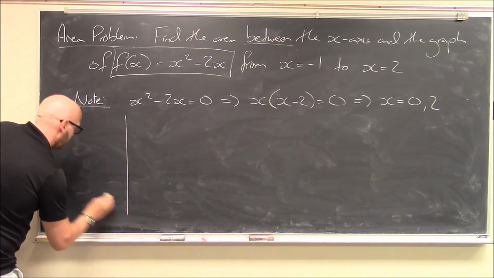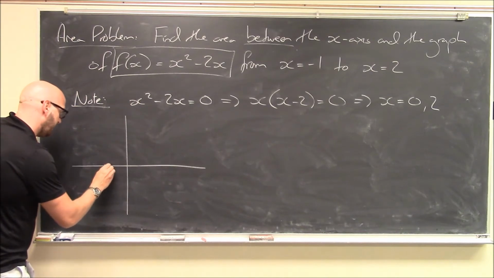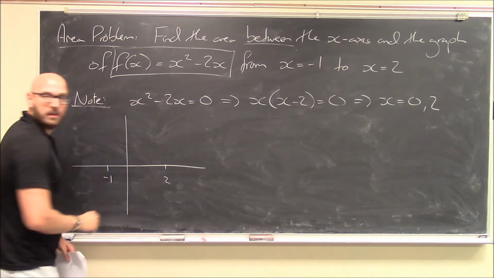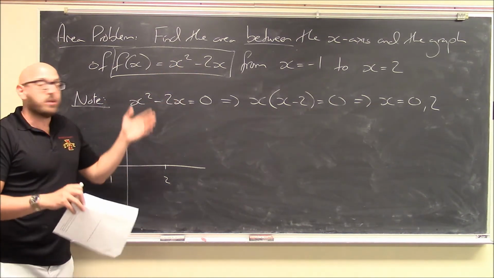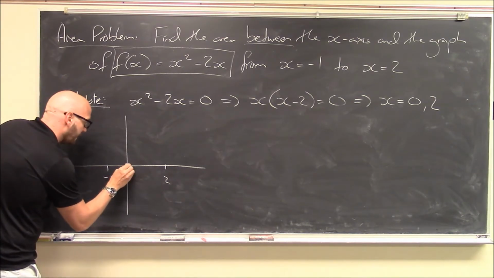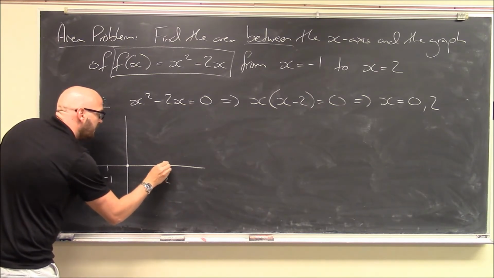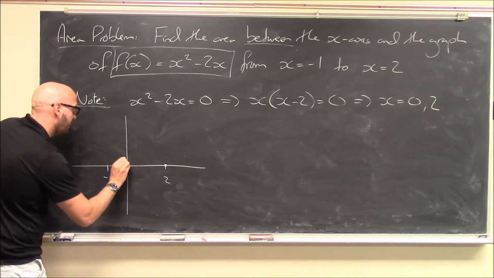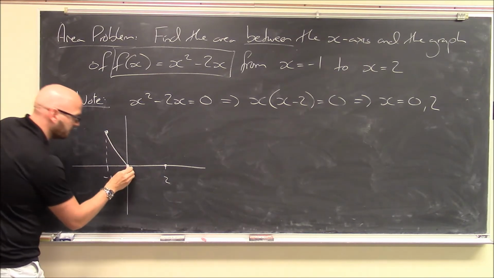We're interested in going from minus 1 to positive 2. I know roughly what this looks like. This is an upward opening parabola, because it's a quadratic function, and it cuts through the x-axis at 0 and 2, so it must look something like this.